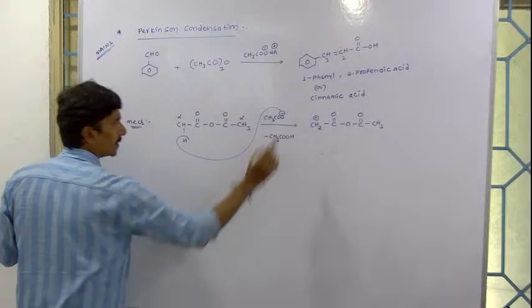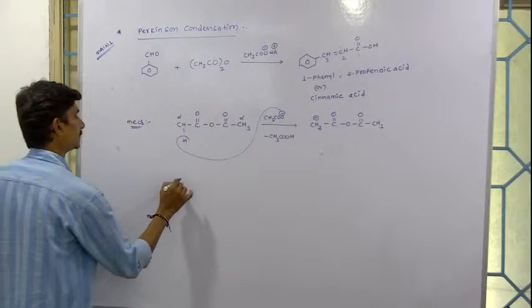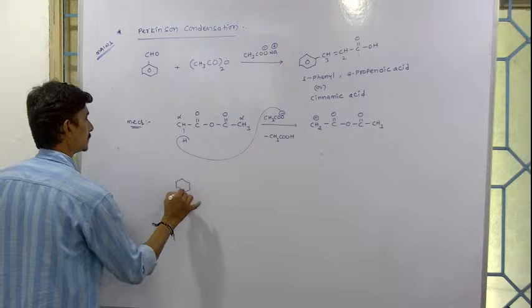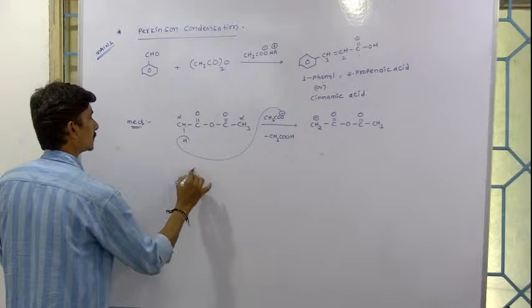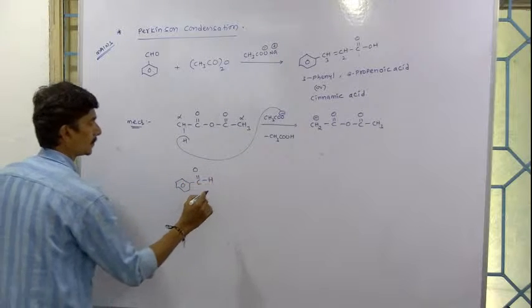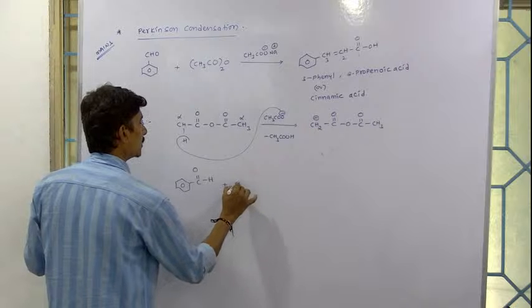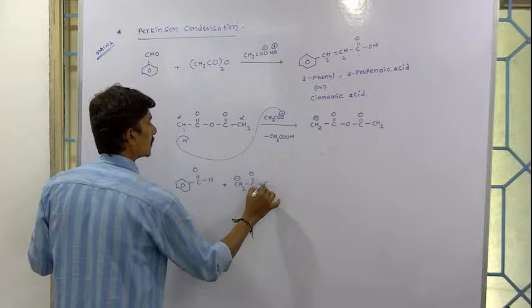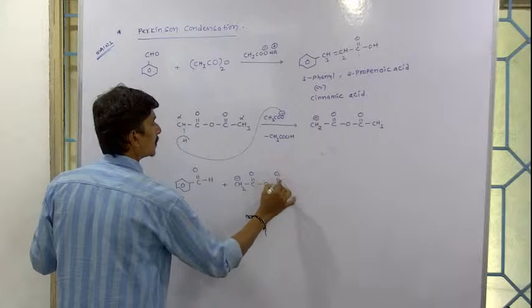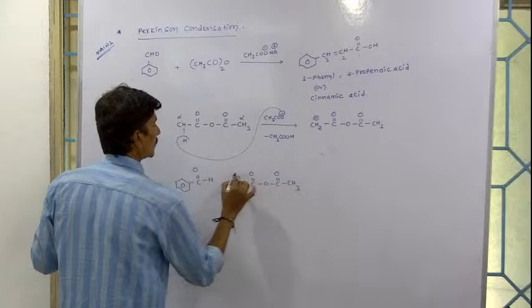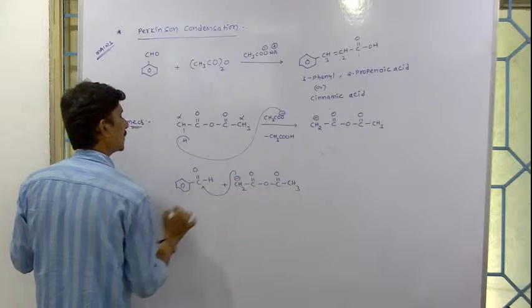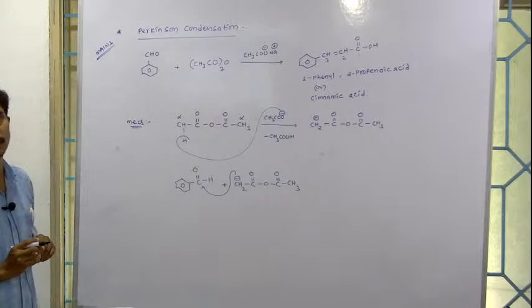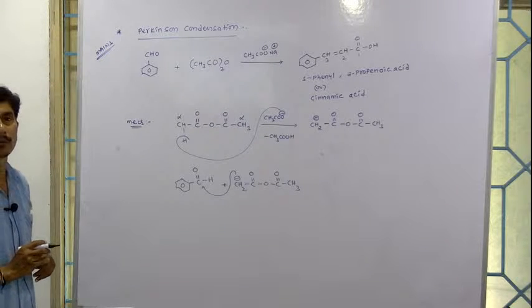Now this carbanion attacks the electron deficient center of the carbonyl carbon.